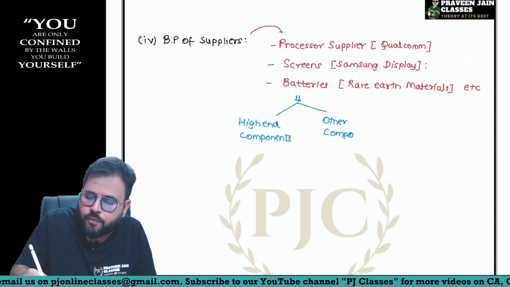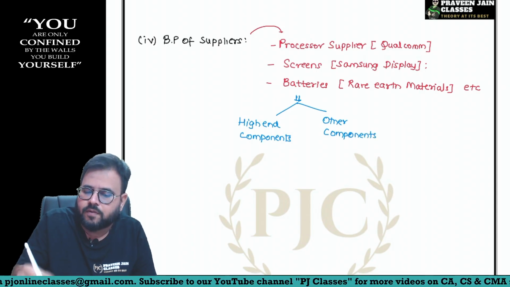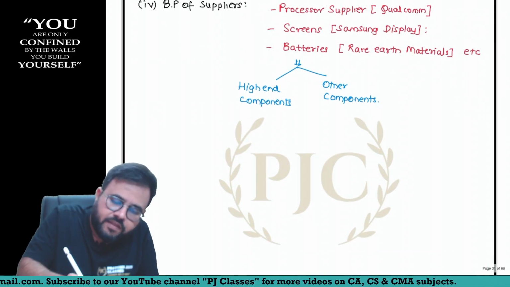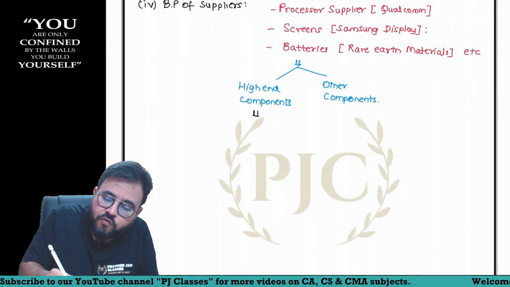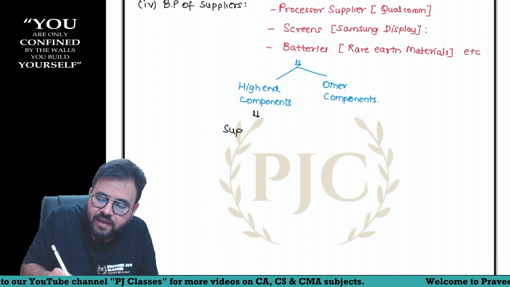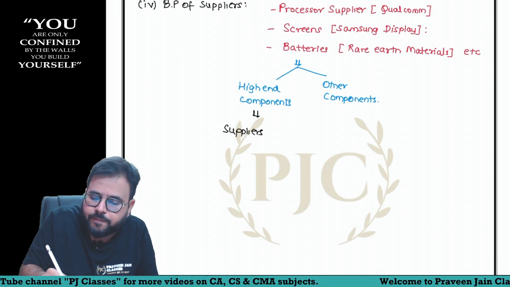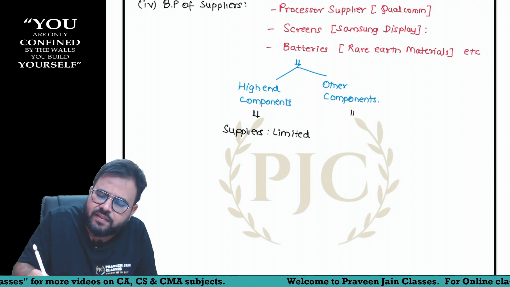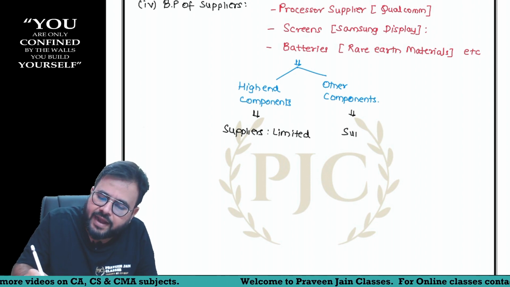There could be some high end components, there could be some other components. Sir, for high end components, suppliers are very, very limited. Here there is no issue, sir. Suppliers are adequate, sir.